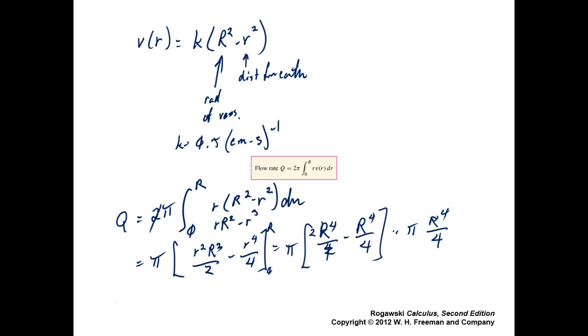So this is written like that, which is another way you can write it as they do in the book, pi times r fourth, sorry about that.